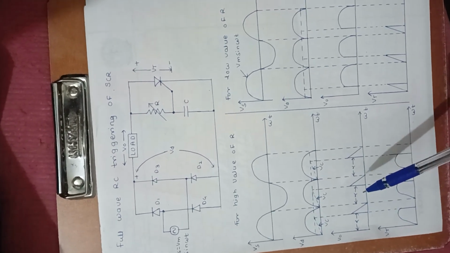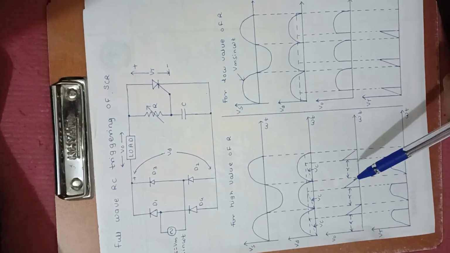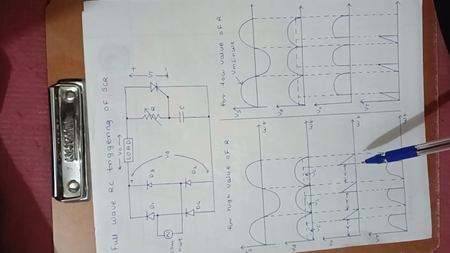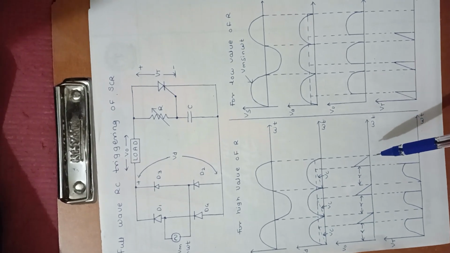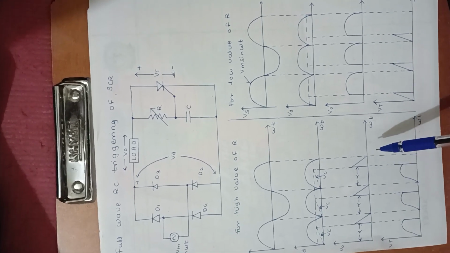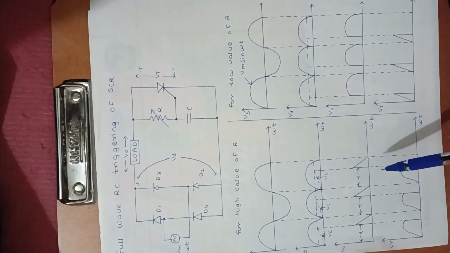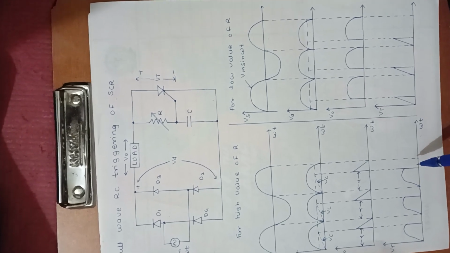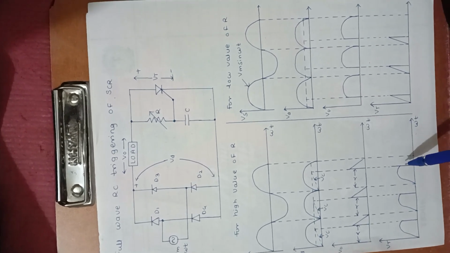Over here the capacitor is triggering the SCR. As the capacitor triggers the SCR, at this instant we will find the voltage across the output appear. The rest of the voltage will appear across the SCR, you can see like this.